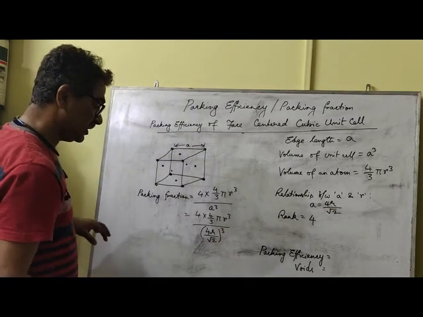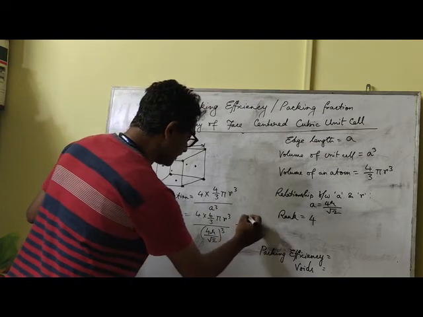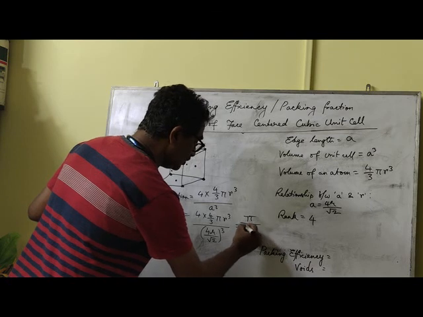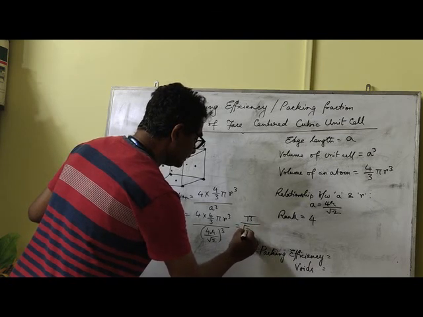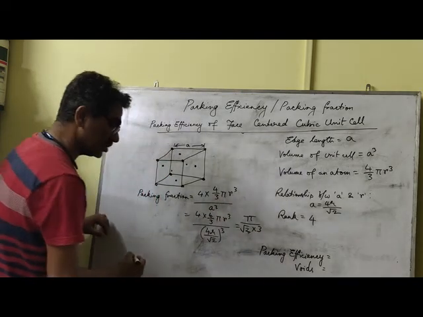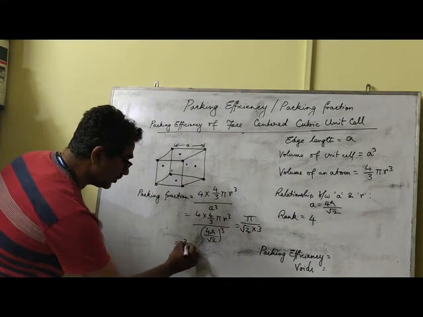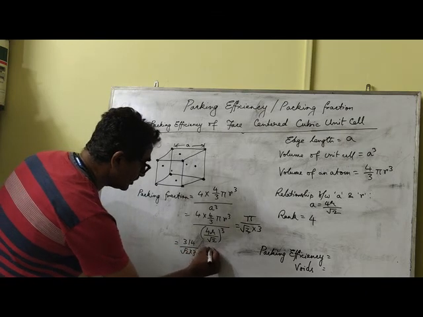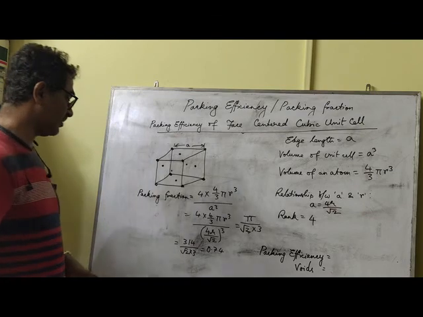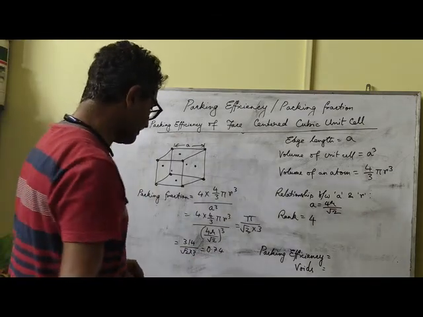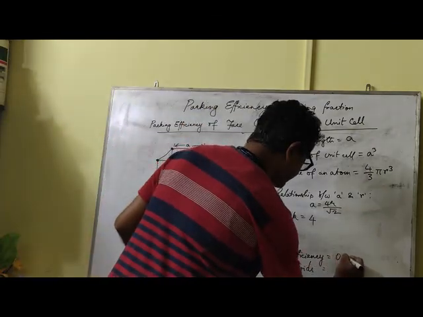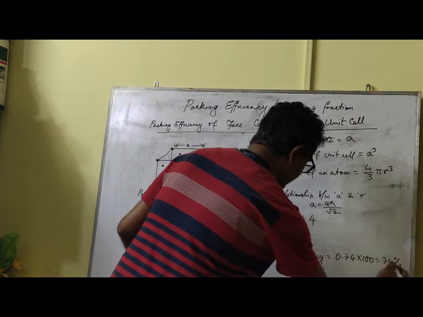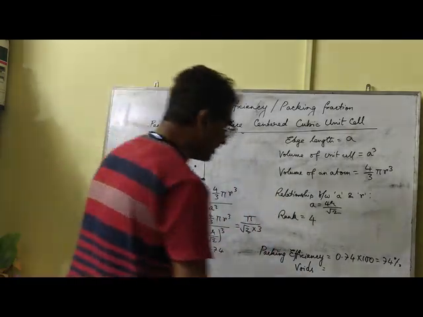So how much do we get? Ultimately, you can check this out, pi by root 2 into 3. 3.14 divided by root 2 into 3 is equal to 0.74. So we get 0.74, and the packing efficiency will of course be 0.74 multiplied by 100. We have 74%. And voids, that is the amount of free space, is 26%.